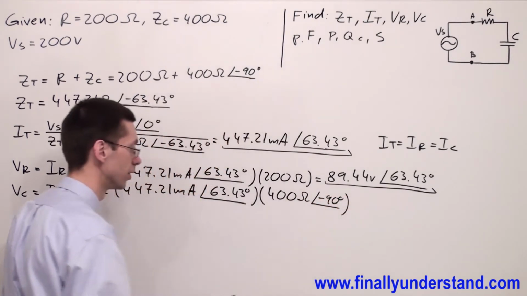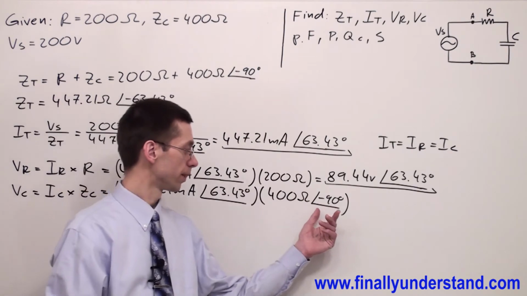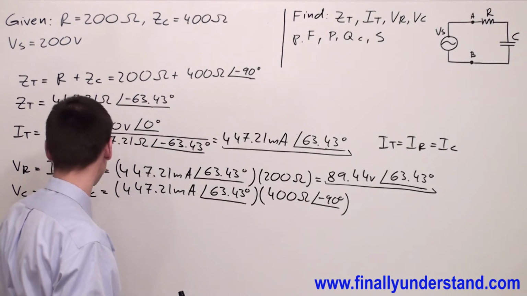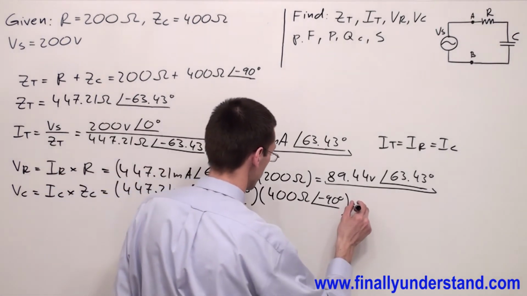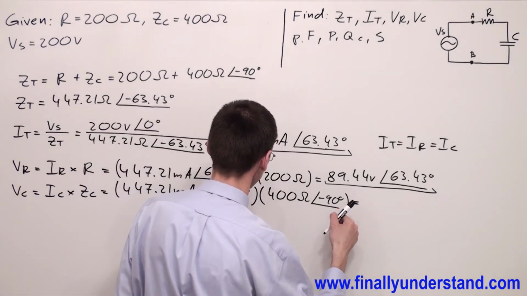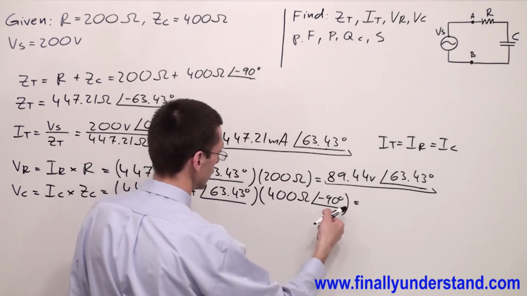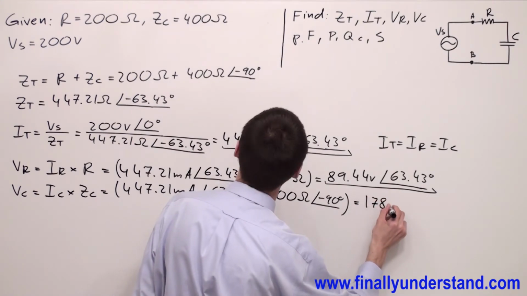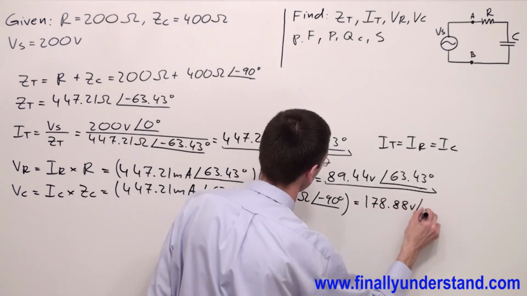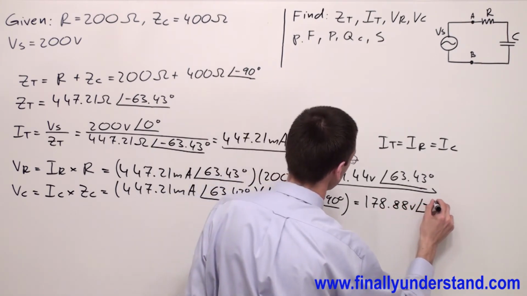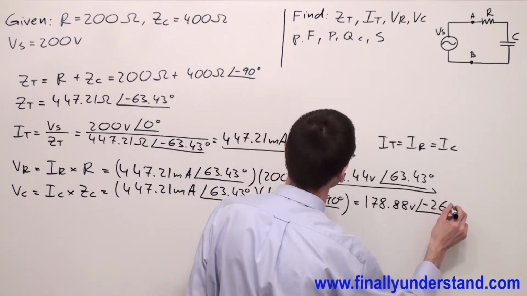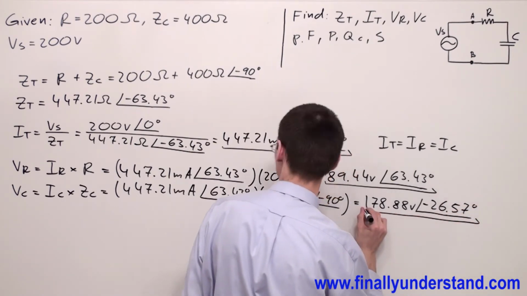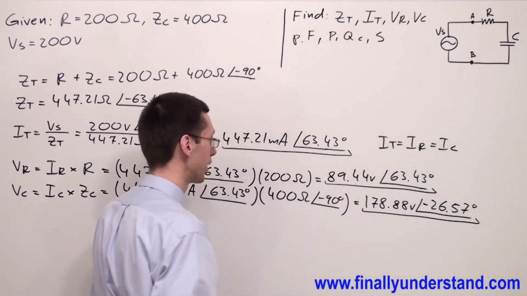Remember, the impedance of the capacitor has to always go with an angle of negative 90 degrees anytime you're looking for voltage. So this is equal to 178.88 volts, an angle of negative 26.57 degrees. This is the voltage drop across the capacitor.